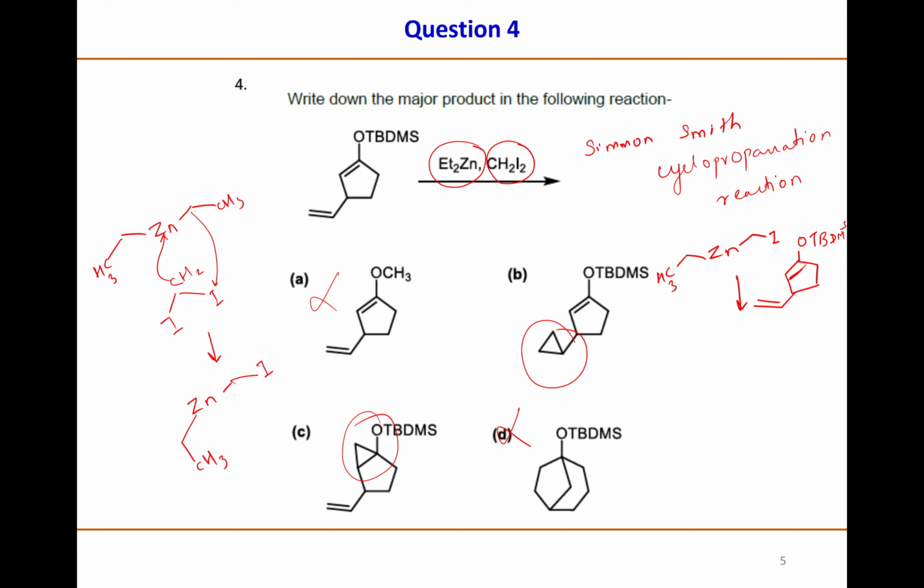For the Simmons-Smith reaction, the double bond should be electron rich, right? Now here we have two double bonds. Which one is electron rich? Here you can see that we have H, right?